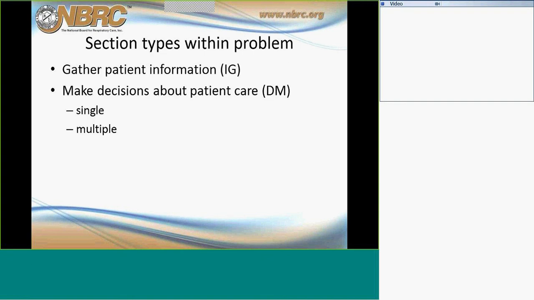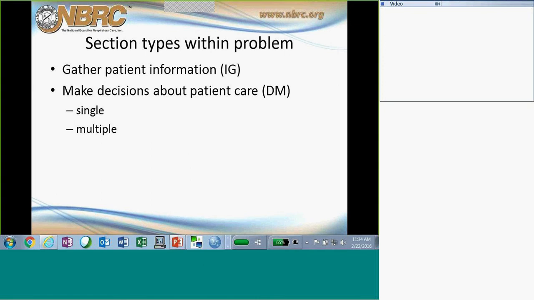As far as section types within a problem, this breaks down 2 ways. There are occasions when the purpose of the section is to assess whether the test taker knows the kind of information that will be helpful, that will facilitate care, and then also sections in which an individual will be asked to make decisions.